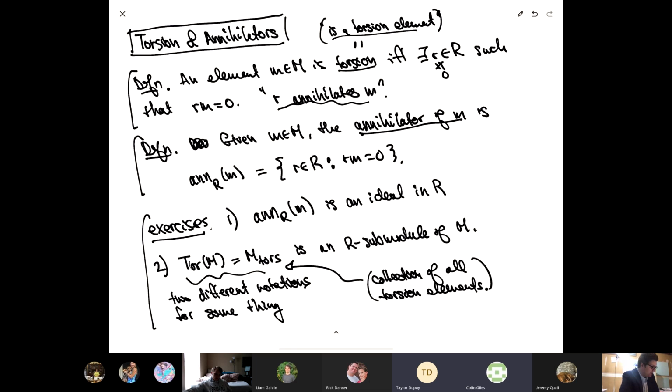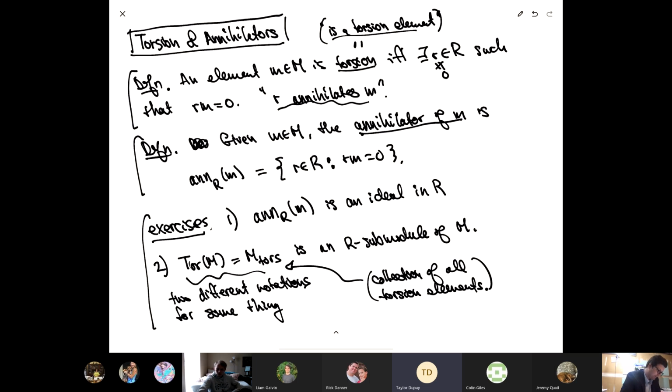One of my questions was, does 0 count? Yeah, it should be non-zero. I think we don't need it to be a non-zero divisor, just not zero, and I'm 99% sure of this, but I'm going to check after class. Let's take this to be the definition right now.